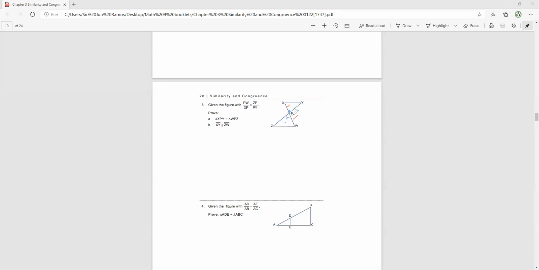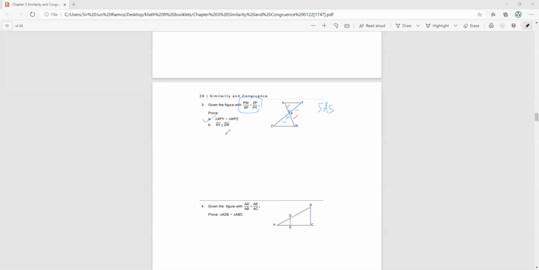So I can now say that triangle XPY is similar to triangle WPZ by the SAS similarity theorem. You just have to write the steps; we will do the two column proof in class.